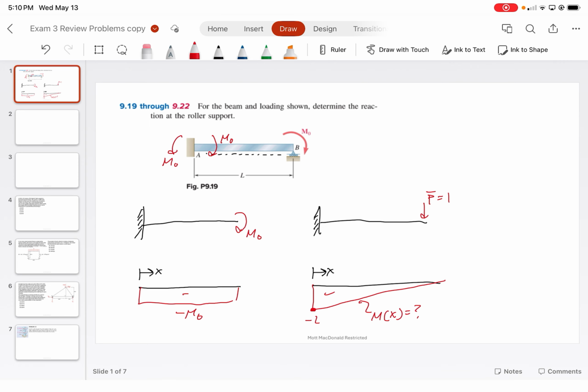Well, I think that m of x would just be equal to x minus L in that case. For x equals 0, you get that m of x is negative L. For x equals L, you get that the bending moment is 0. So it aligns.